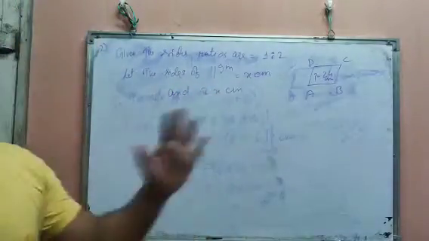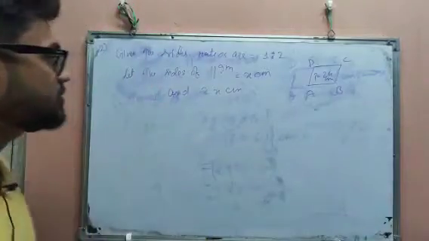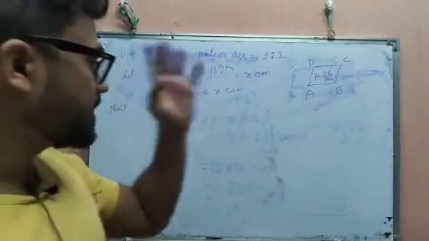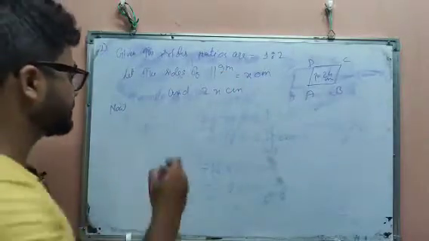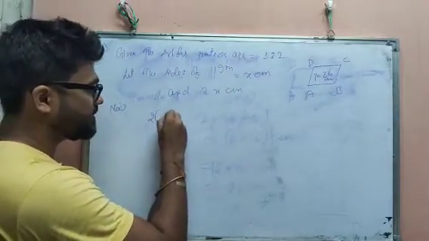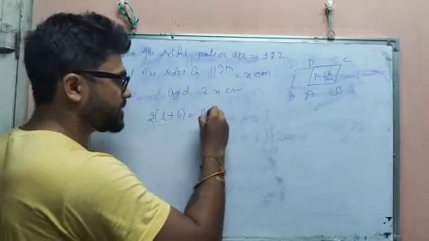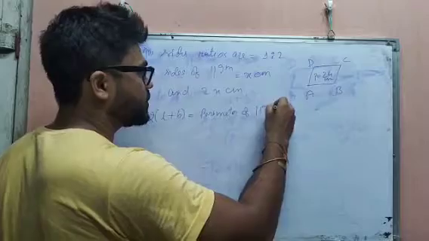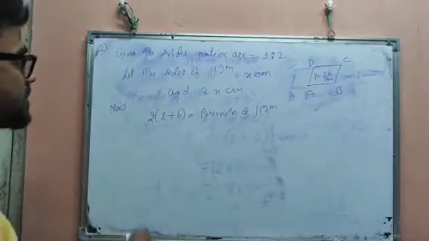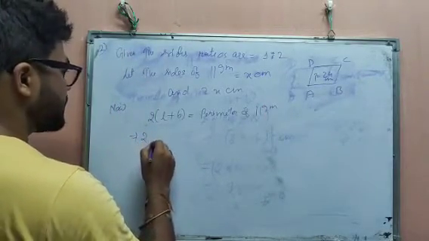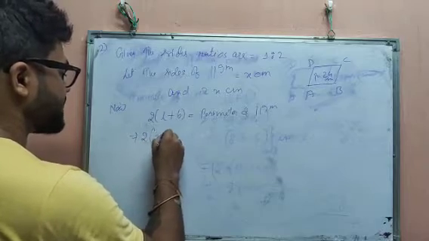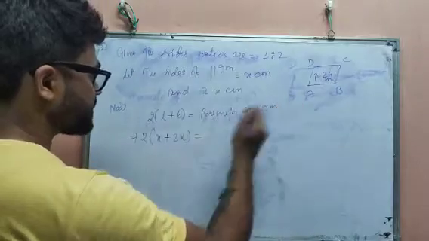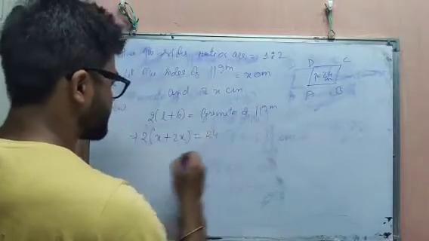We know that the perimeter of a parallelogram is 2 into L plus B. So 2 into x plus 2x equal to the perimeter of the parallelogram, that means 24.